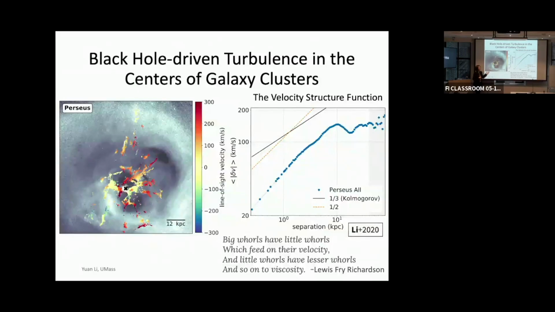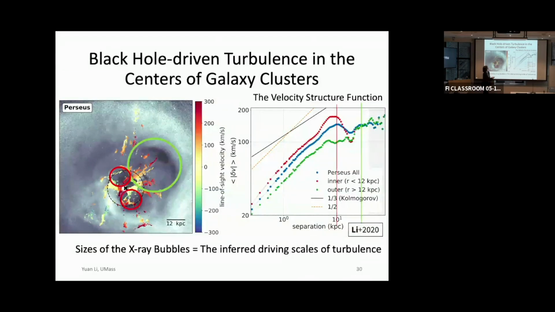I computed the first-order velocity structure function of these filaments. And as you can see, there's a beautiful power law there on small scales that suggests big whirls are turning into little whirls, right? And we also see these bumps indicating energy injection.